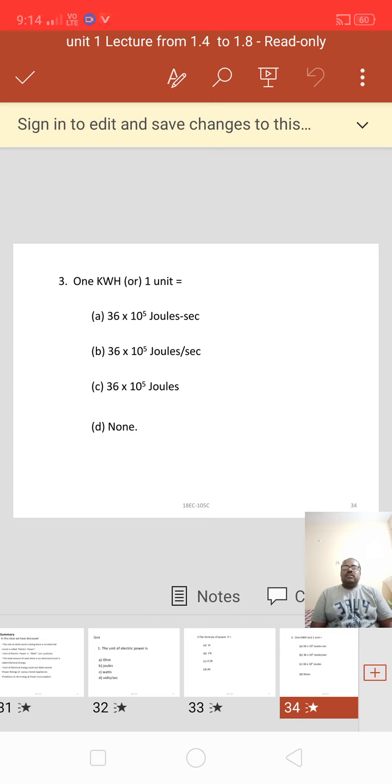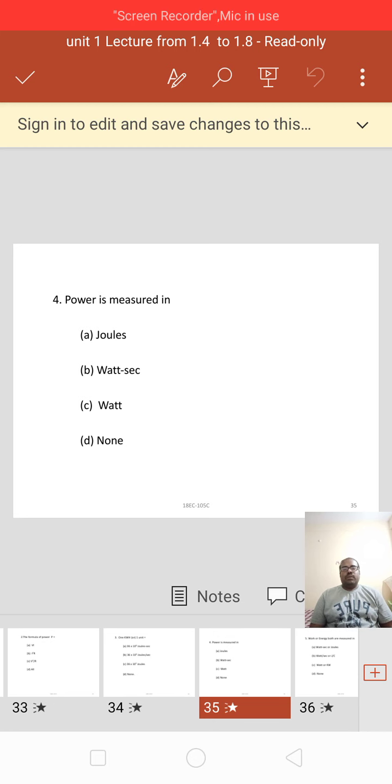We already know that 1 kilowatt hour or 1 unit equals 36 into 10 power 5 joules. So the answer for the third one is C, 36 into 10 power 5 joules.